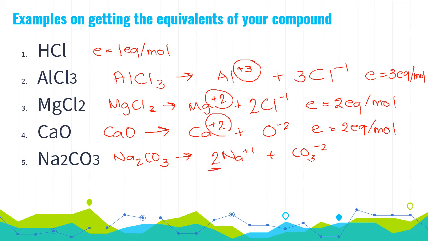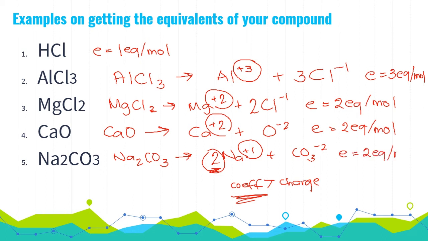Since there is a coefficient for your sodium, what will be our equivalence? Is it 1 or 2? Well, in these cases, if your coefficient is greater than your charge, you will go for the coefficient of your positive ion. Therefore, the equivalence for sodium carbonate is 2 equivalents per mole.